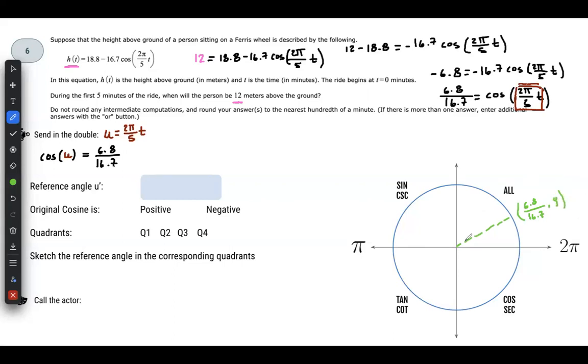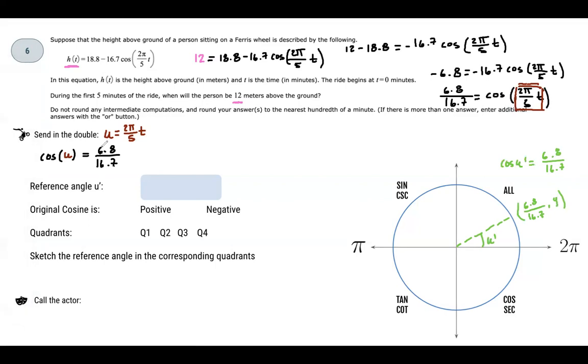And I'm gonna call that u prime, just for now. And I'm gonna say that cosine of u prime is equal to 6.8 over 16.7.